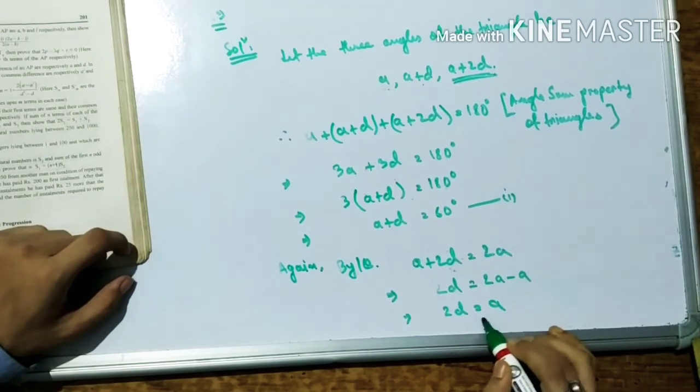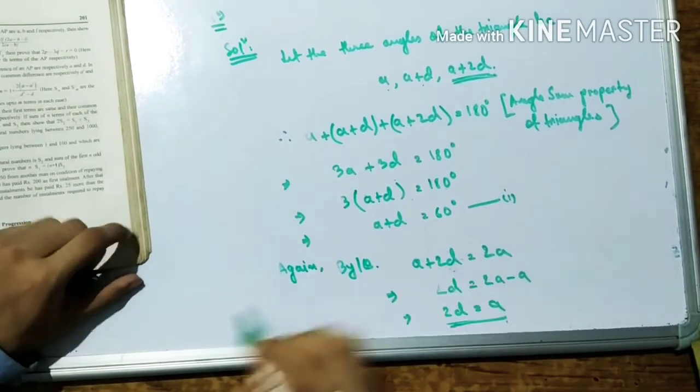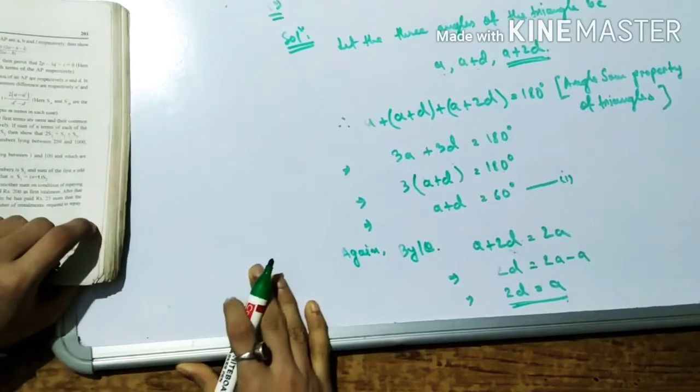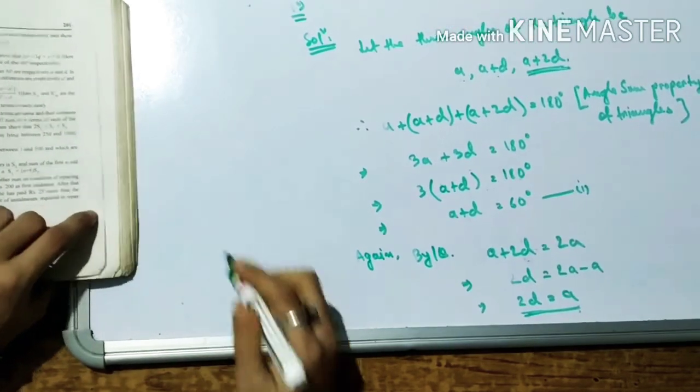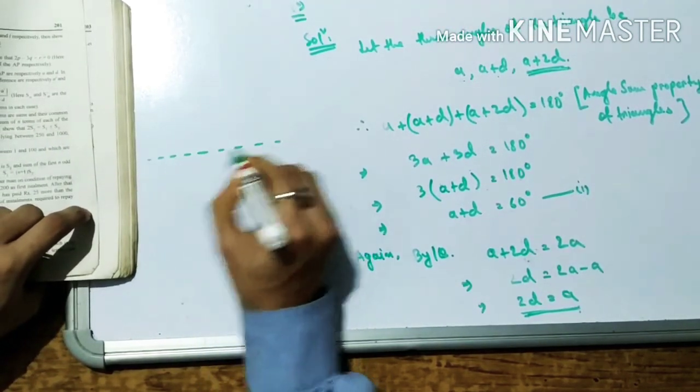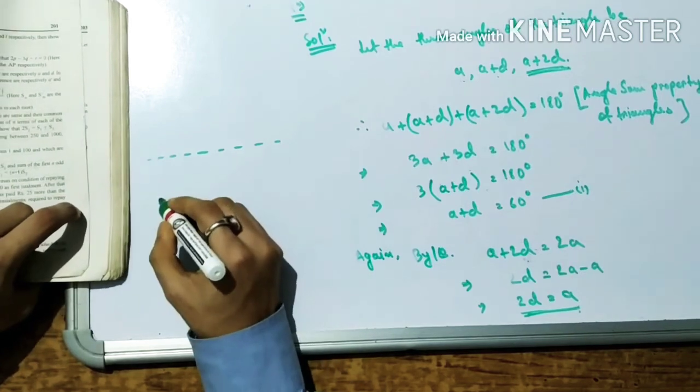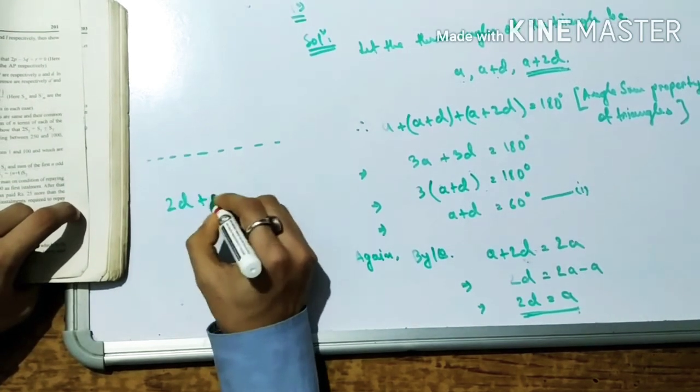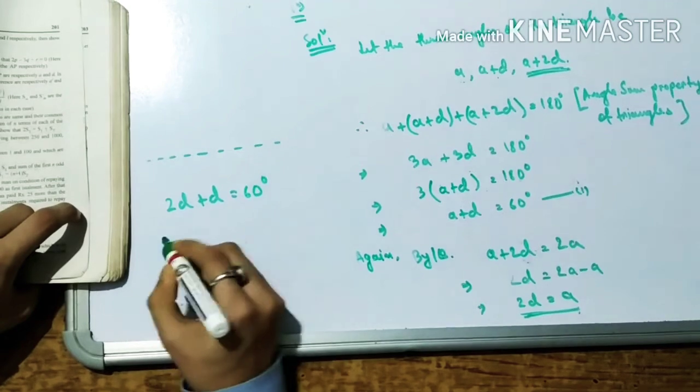Now I will put this value of A in equation 1. Putting the value of A in equation 1, we get 2D plus D is equal to 60 degrees.